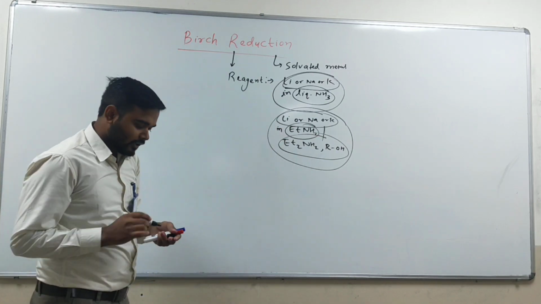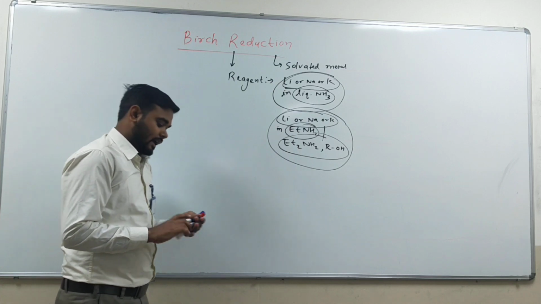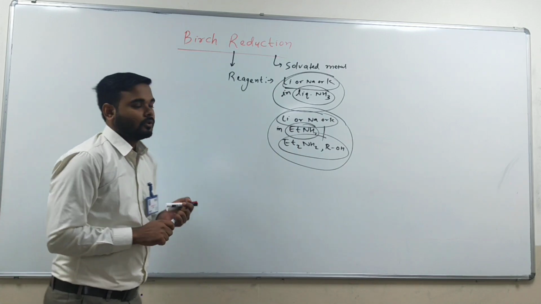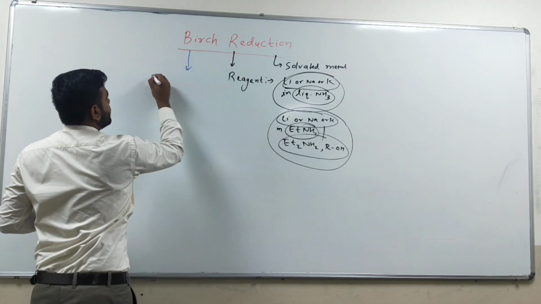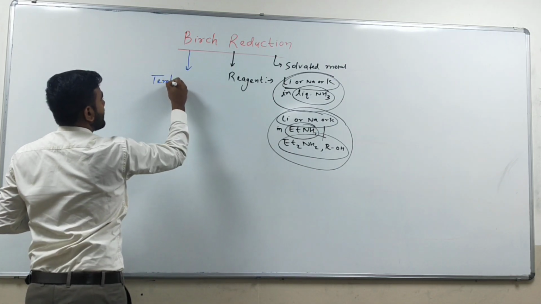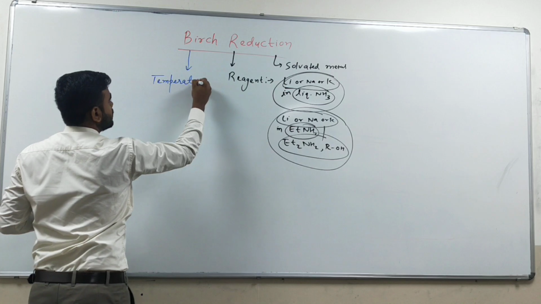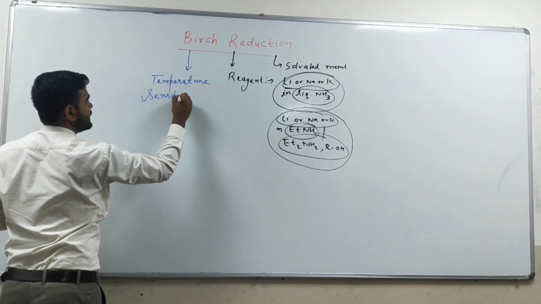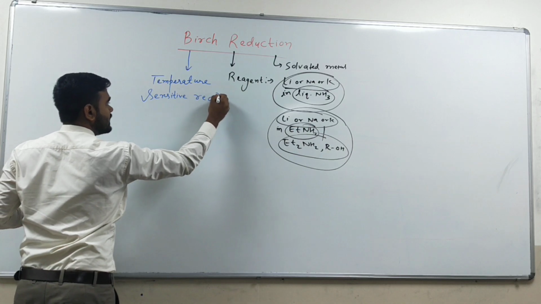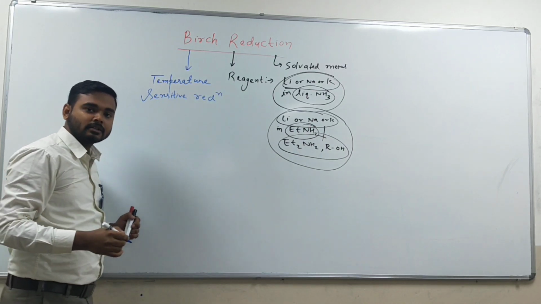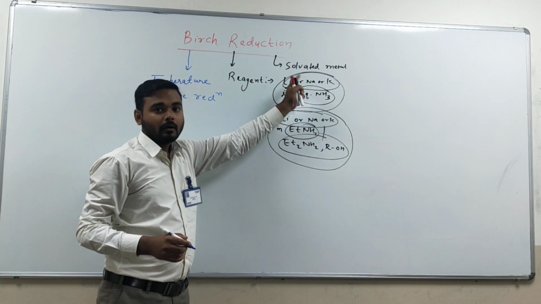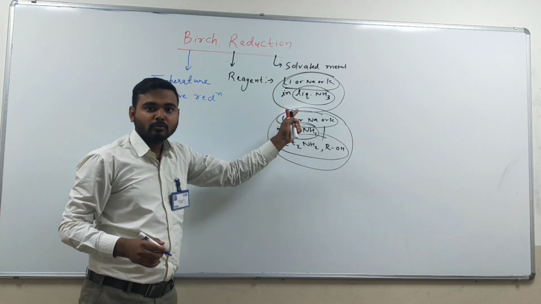The second important thing about Birch reduction is that it is basically a temperature sensitive reduction. What does temperature sensitive reduction mean? Look, our condition was that we need to put our alkali metal in liquid ammonia.